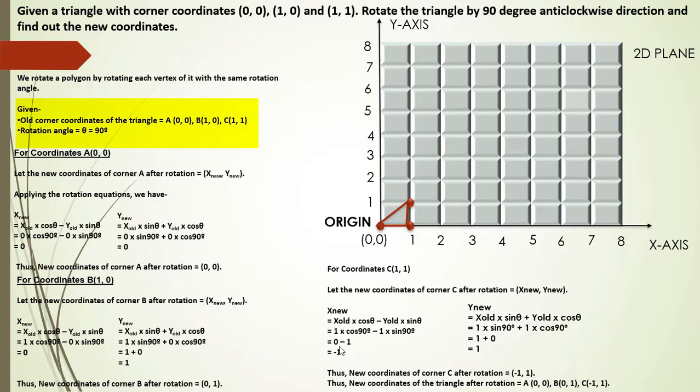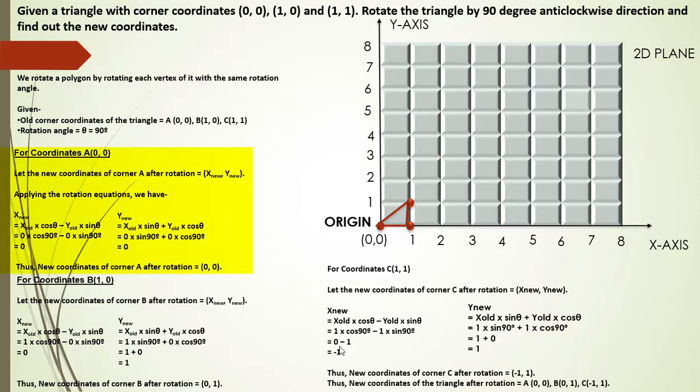The old corner coordinates of triangle are A with 0, 0, B with 1, 0 and C with 1, 1. And the rotation angle theta is 90 degrees. So we need to calculate all the equations with the respective coordinates.